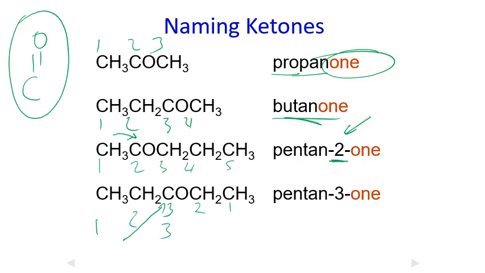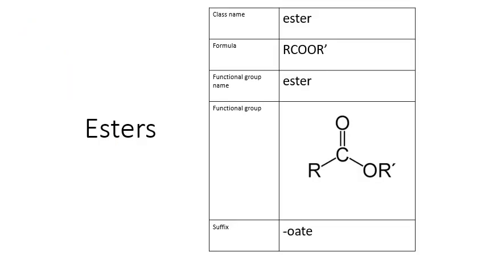The carbon number 3 is the carbon with the carbonyl on it, so we have pentan-3-one.